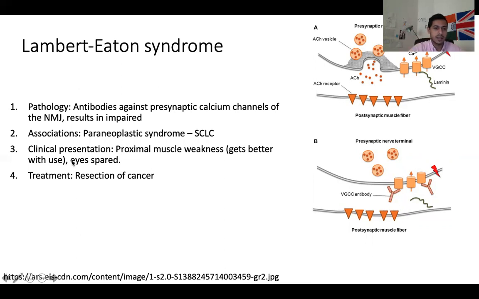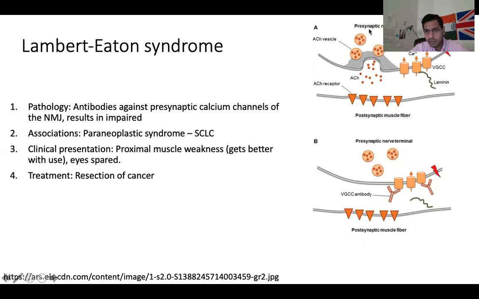And it's usually associated with paraneoplastic syndrome, very common in small cell lung cancers. It presents with proximal muscle weakness, which gets better with use. As I mentioned, it's the reverse of myasthenia gravis, and usually it doesn't involve the eyes.